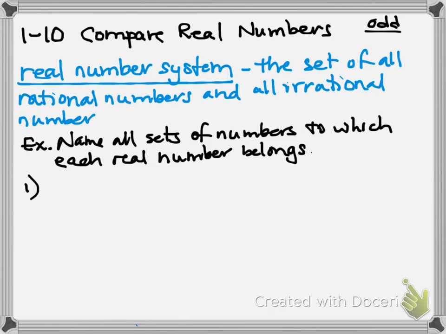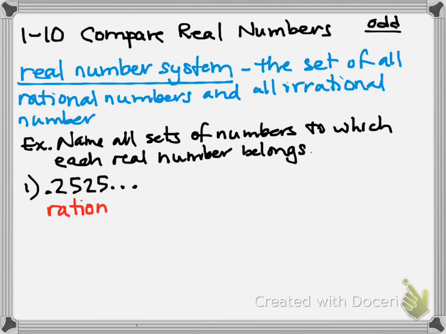Okay, so I'm just going to give you a couple of these examples. The first one, we have 0.2525... What kind of number would we describe that as? A repeating decimal. Think about our chart when we were putting numbers in. Where did the repeating decimals end up? They were in the rational part, right?